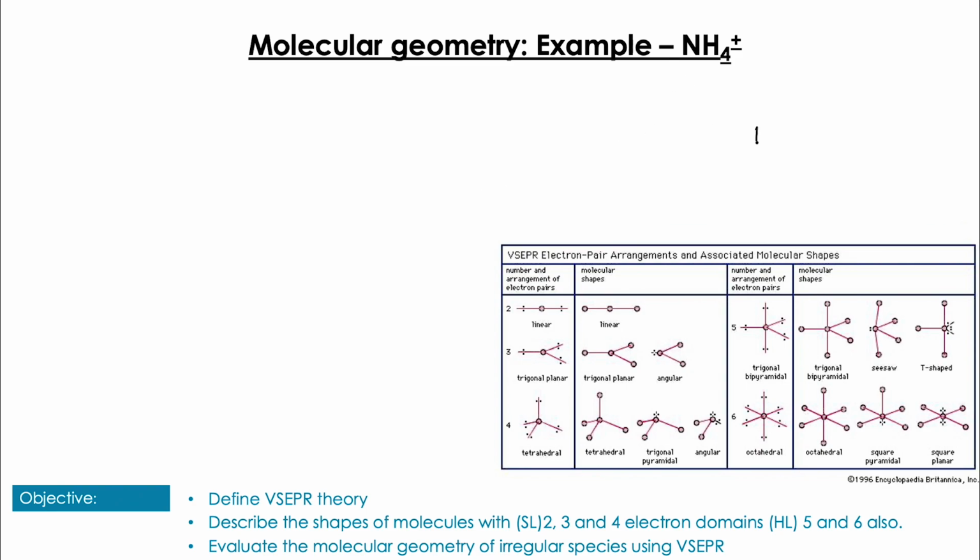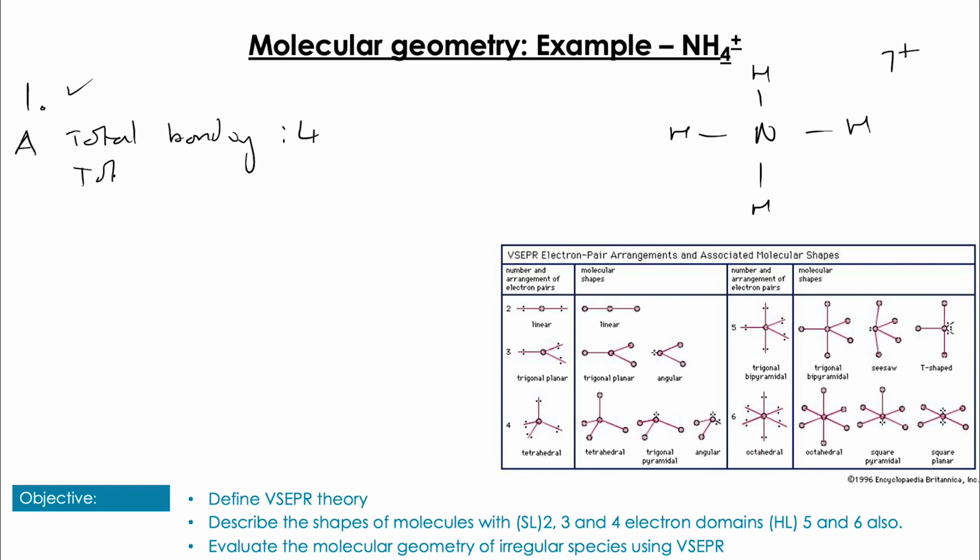So let's go through the whole process with NH4. I'm just going to jump straight in and draw the Lewis structure of NH4, as we should be able to do that by now, even if it takes you a minute or two. So we've done step 1. Then we're going to work out our molecular geometry, and that is going to be the total number of bonding pairs and the total number of lone pairs added together, which equals 4.